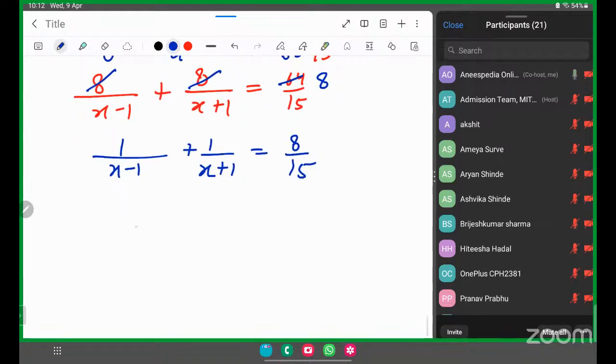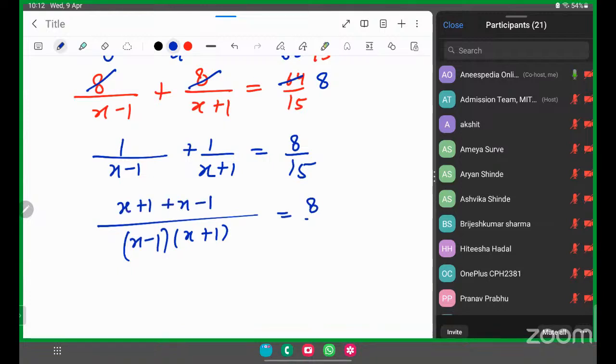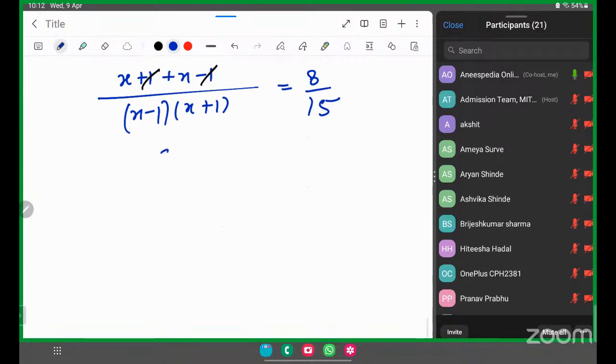If you solve it by taking LCM, this will be x plus 1 plus x minus 1 upon x minus 1 into x plus 1, equal to 8 by 15. So 1 will cancel out, and we are left with 2x upon x squared minus 1, which is 8 by 15.